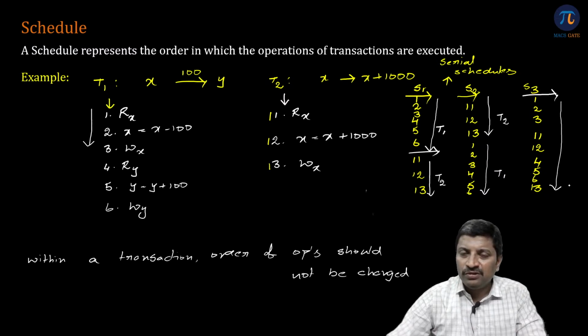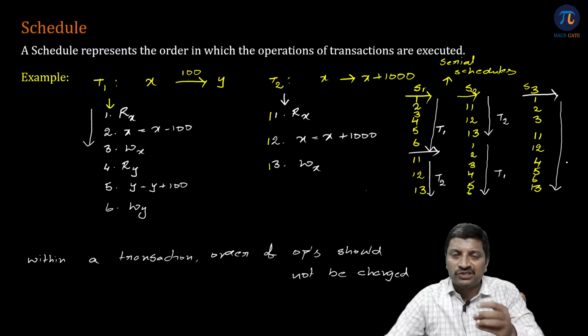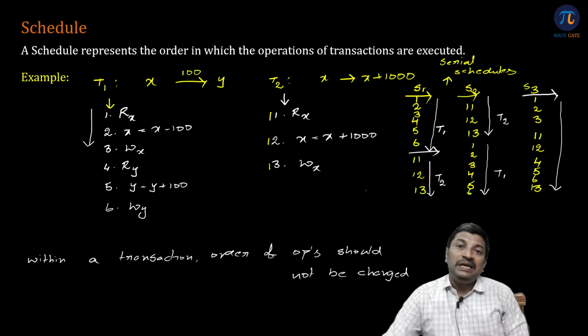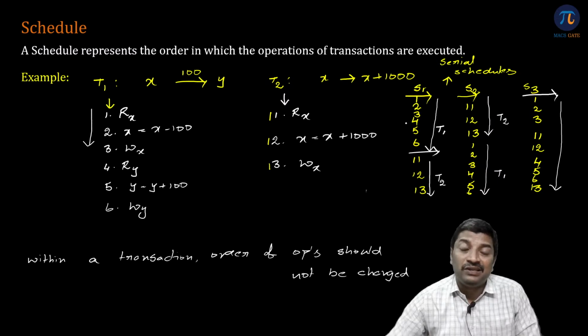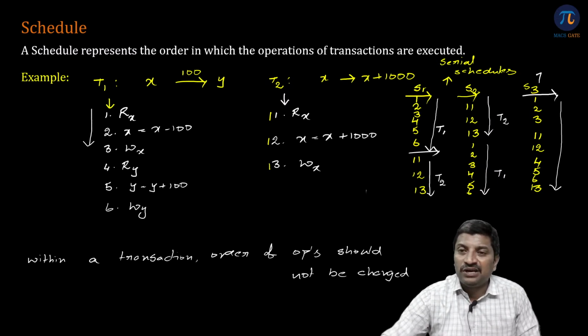Even if one transaction is not completed, I am starting another transaction. This is the example of a concurrent schedule. So a concurrent schedule means even if we don't complete a transaction, you can start another transaction.